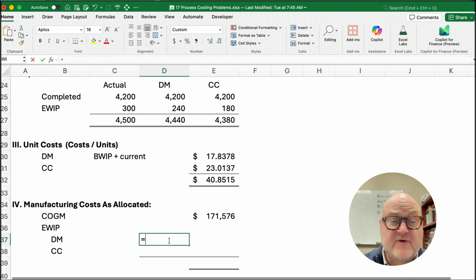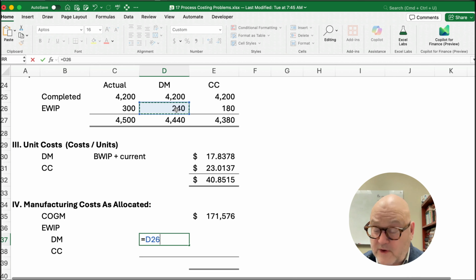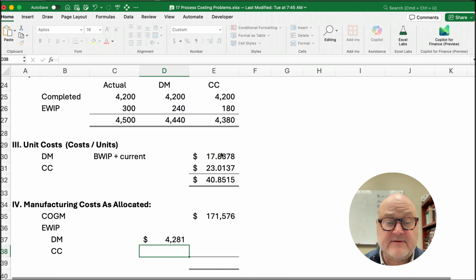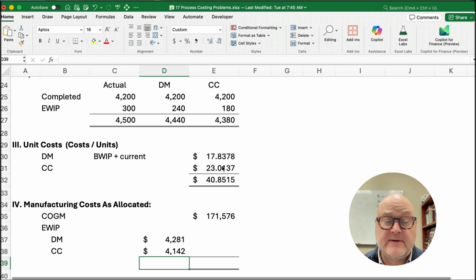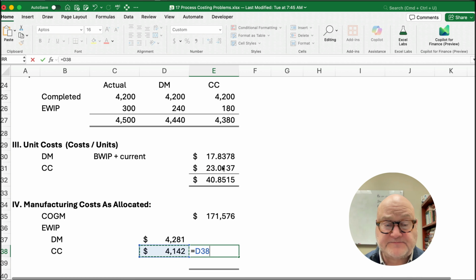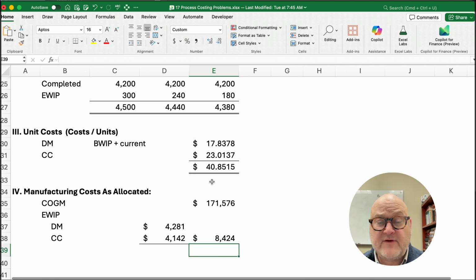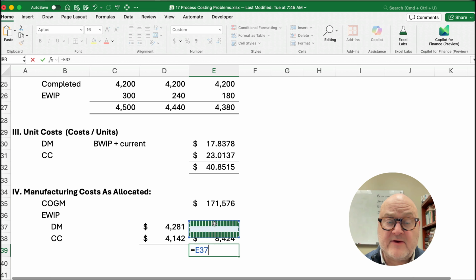So for materials, we're going to take 240 times the material cost of 17.8378, and for conversion cost, 180 times 23.0137 and get 4,142. Let's add these up. 4,281 plus 4,142 is 8,424.